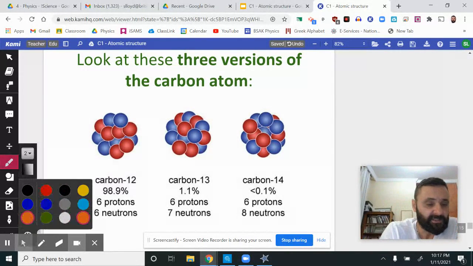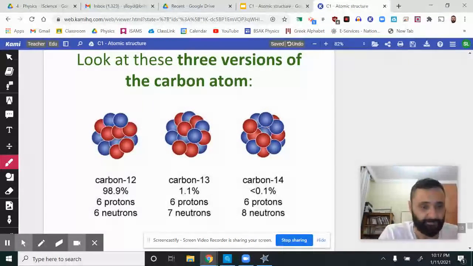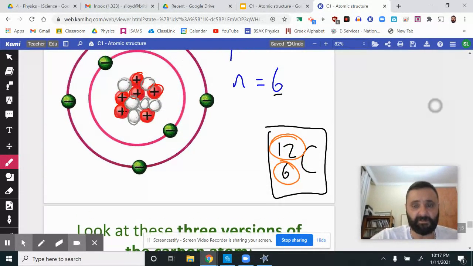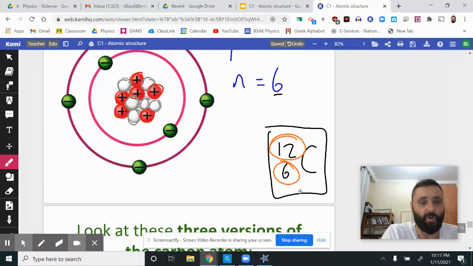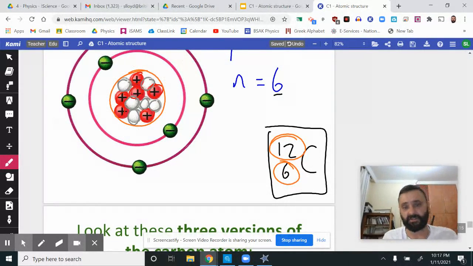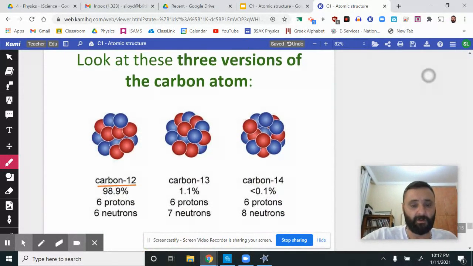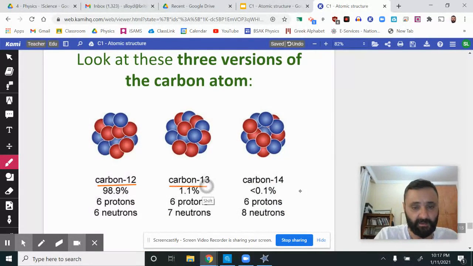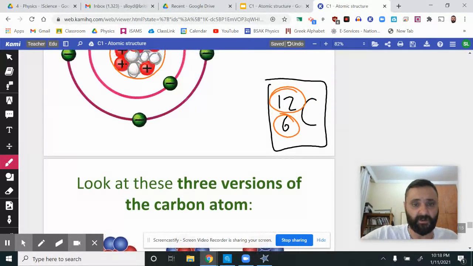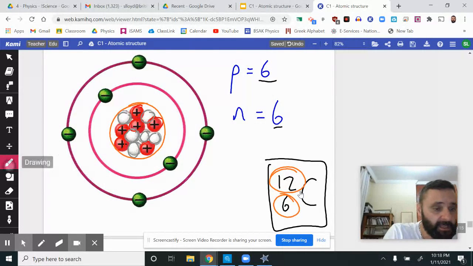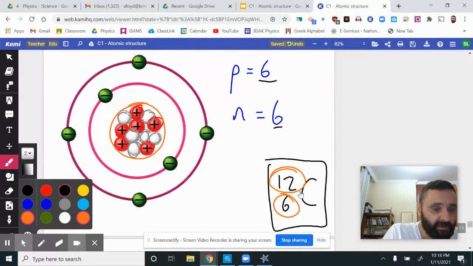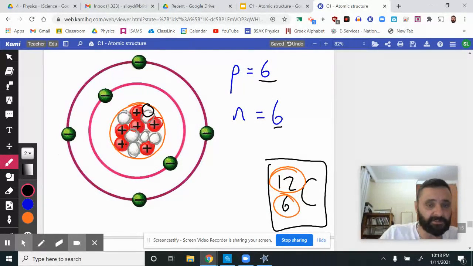Carbon 12, the one we just looked at, has 12 protons and neutrons in the nucleus. Carbon 13 is still carbon, so it has 6 protons, but it's got 1 more neutron.